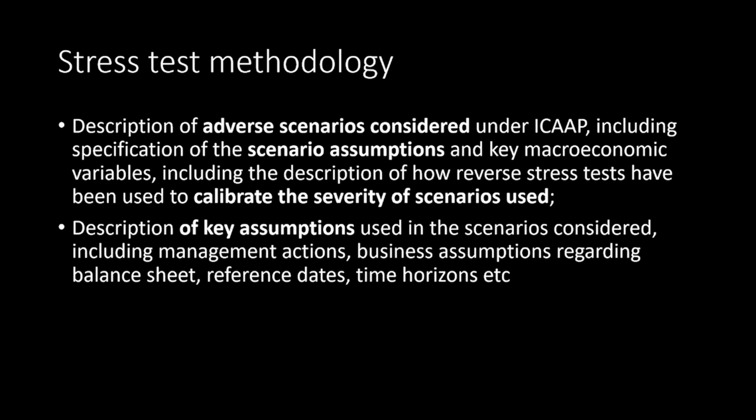So these are more qualitative assessments, and the banks have got enough flexibility to write about these scenarios. You may not have the numbers, but you should have a storyline to explain the assumptions taken, what actions could potentially be taken in these scenarios. So all these qualitative aspects also should be disclosed as part of this exercise.